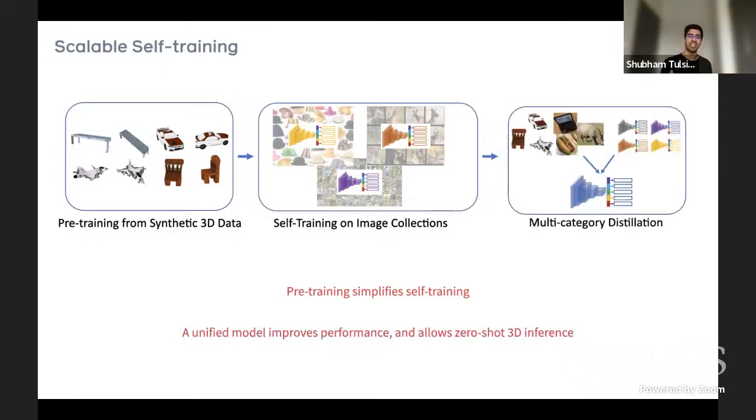And once we have done that, we can also just unify all the reconstructions that we have learned into a common model. And that, A, makes the inference far more efficient, and B, also improves the performance because this allows us to do some sharing across categories, and gives us a better model to start with when we are self-training on new image collections.